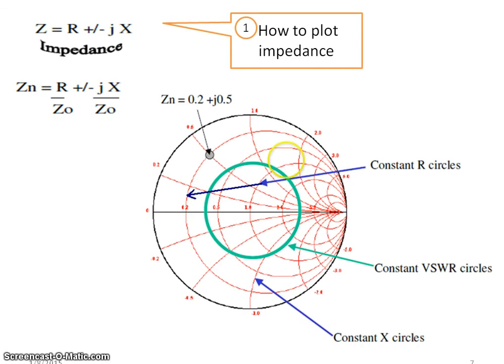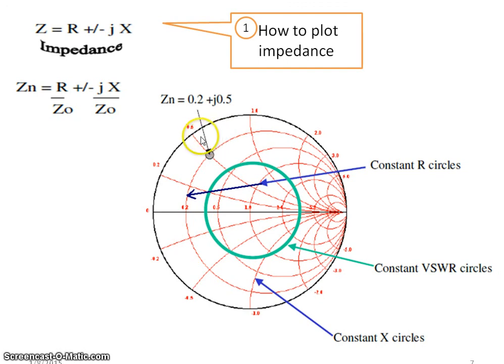As you can see, this point Zn is the intersection of two circles, which are the constant R circle and the constant X circle. The constant R value is 0.2, so I have to find which circle crosses the 0.2 value here. It is this circle, and the constant X circle value should be plus 0.5.